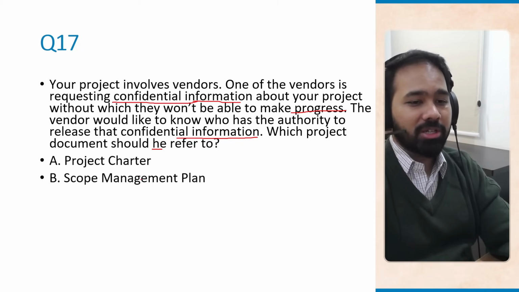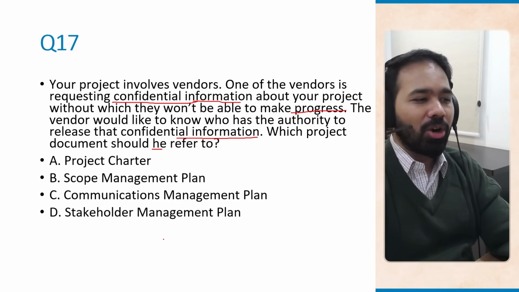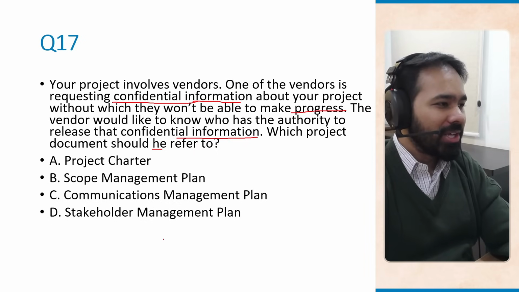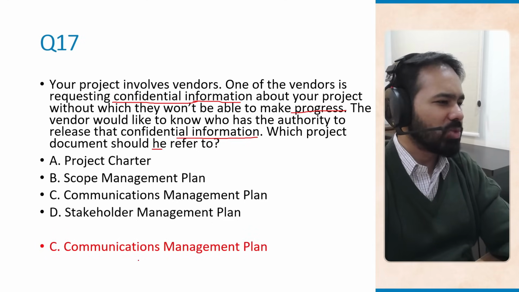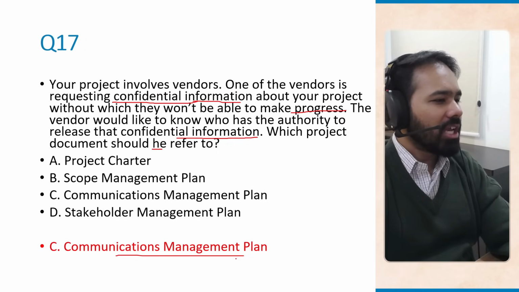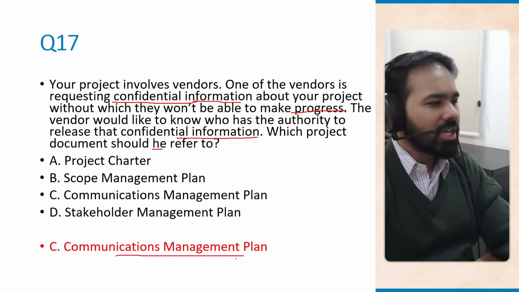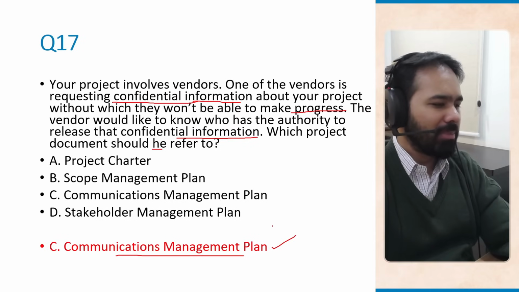A. Project charter. B. Scope management plan. C. Communications management plan. Or D. Stakeholder management plan. The correct answer here is the communications management plan, because this plan contains what information is shared, who is authorized to share it, and how and when it is communicated. Everything will be available in the communications management plan.